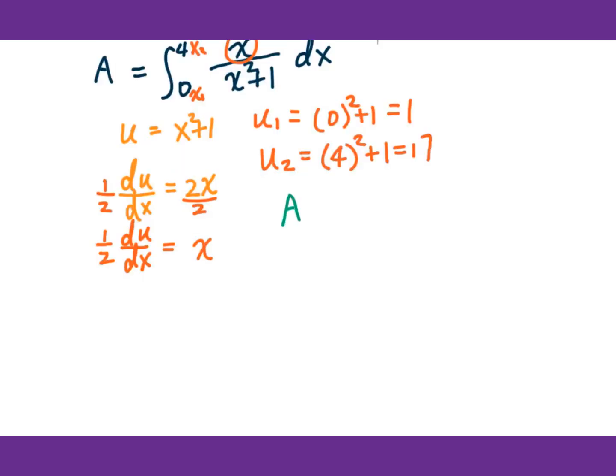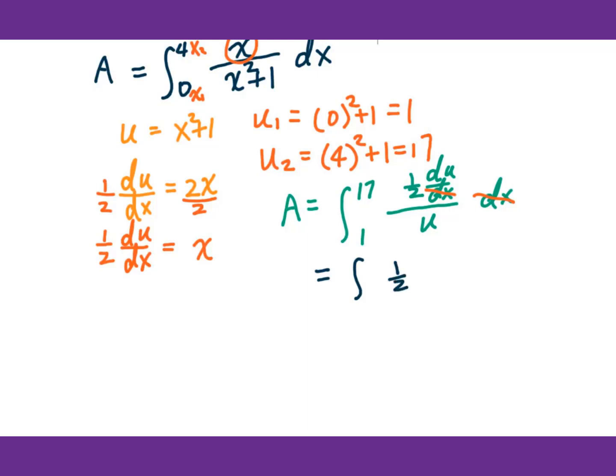Now we can get the area, we do 1 to 17. Here is 1/2 du. Reduce. You will get the definite integral of 1/2 times 1 over u du from 1 to 17.